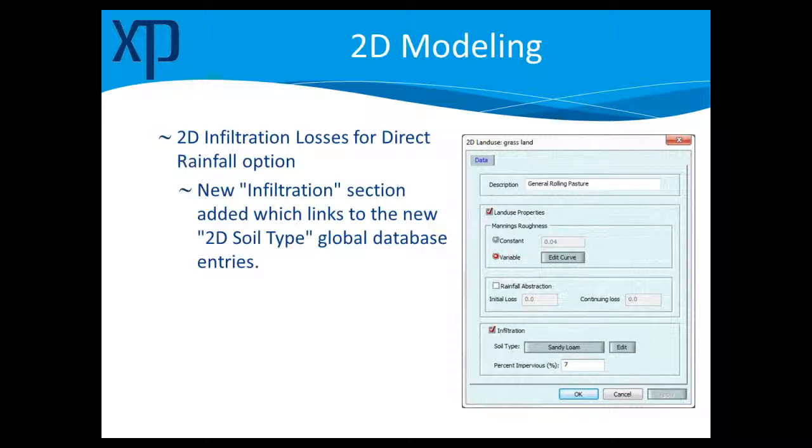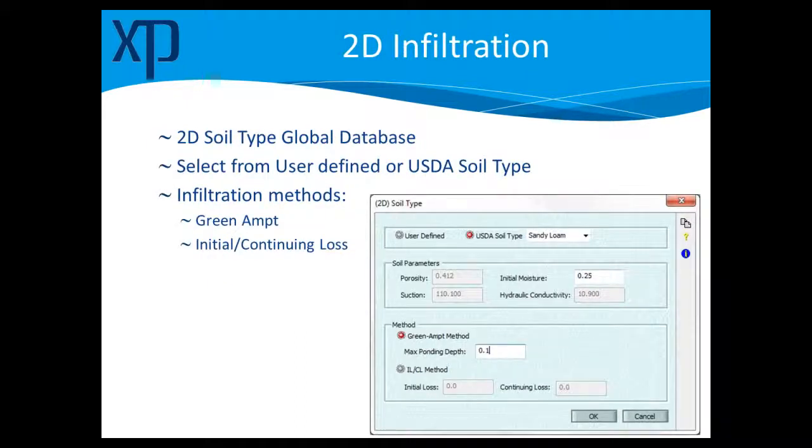If we were to click on the soil type button there, we can add different soil type categories, and we can then specify details for those soil type categories. So this becomes part of the global database, which hopefully some of you are familiar with using.